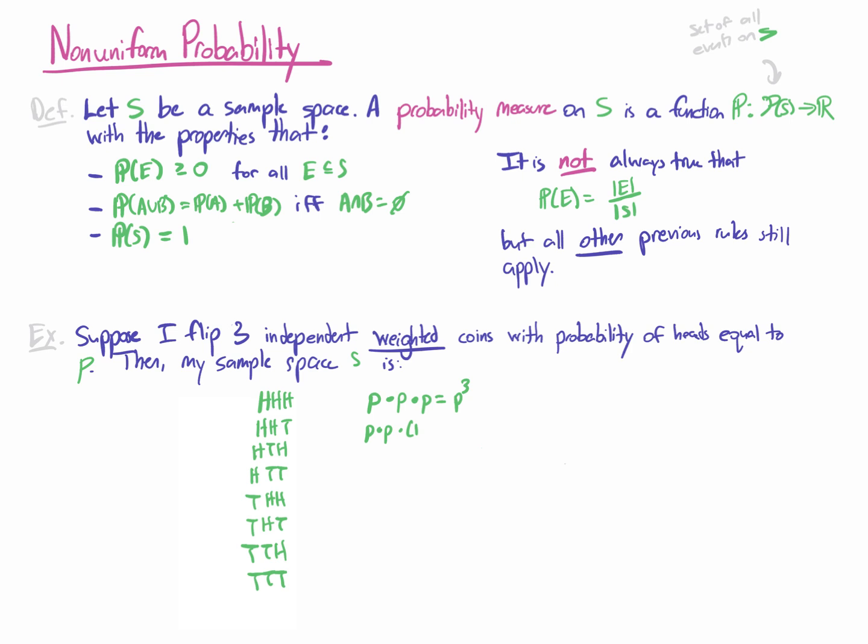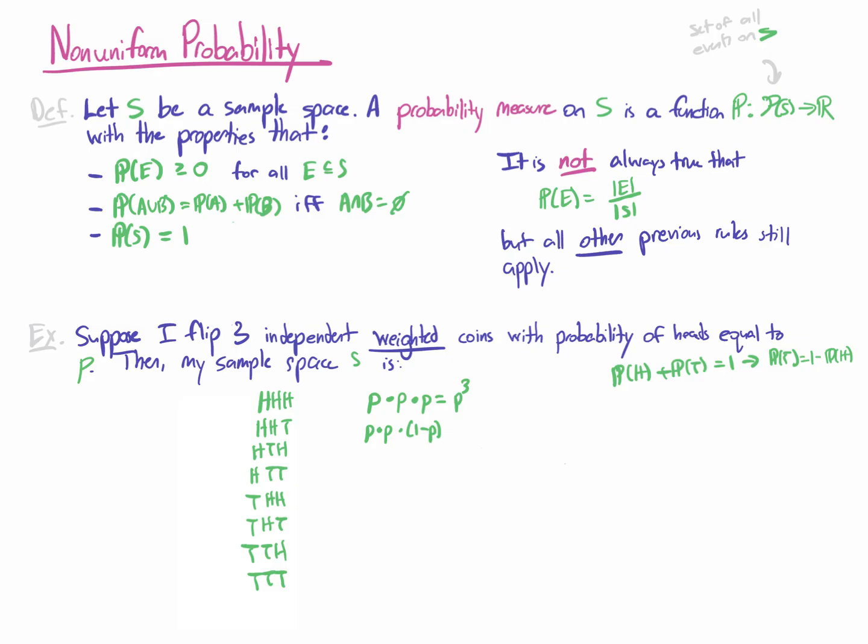Okay, going down to HHT, I had to get 2 heads, so that's P times P. And then I had 1 tails. Tails occurs with probability 1 minus P. How do I know? Because the probability of heads plus the probability of tails has to add up to 1, which means that the probability of tails is equal to 1 minus the probability of heads.